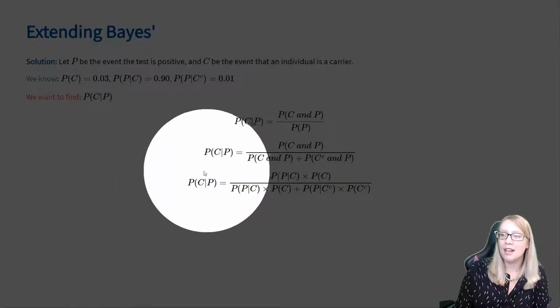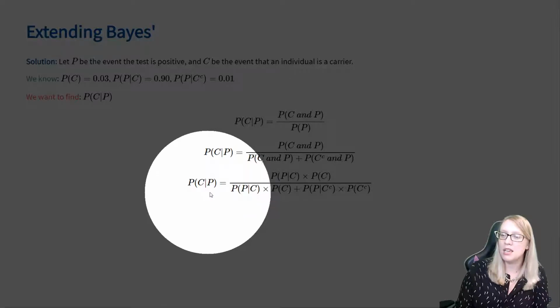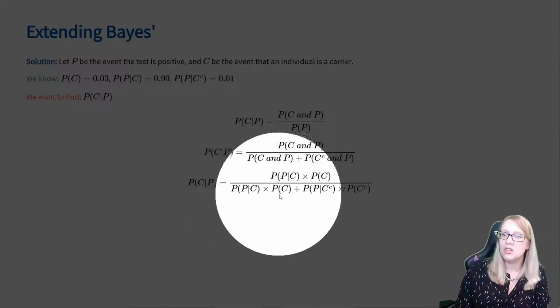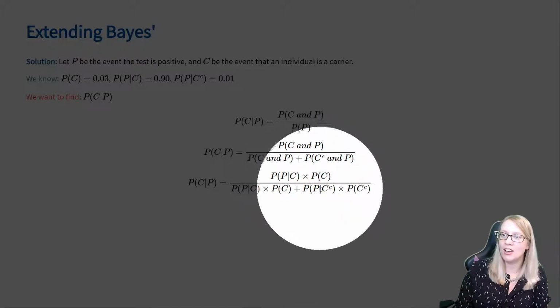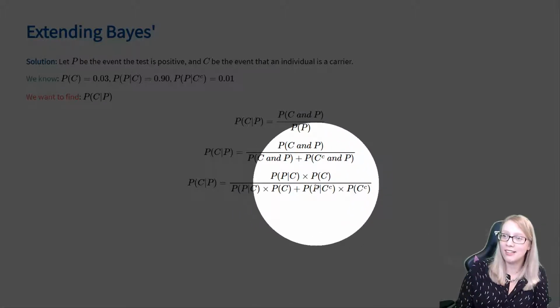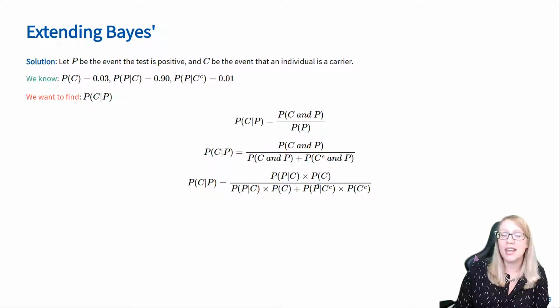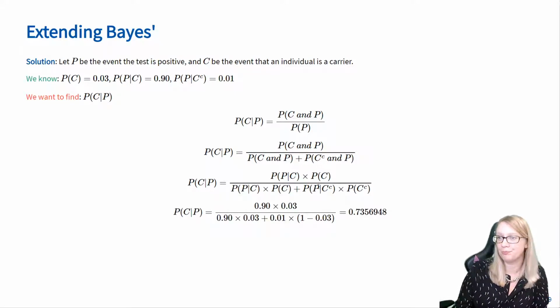We can now find the probability of C given P using the opposite condition in terms of probabilities that are conditional on having the gene. So we've been able to flip our condition, which is really powerful. Now we have this in terms of probabilities that we have available.